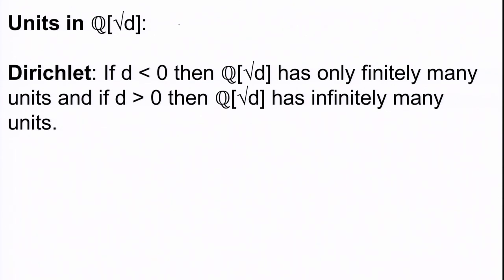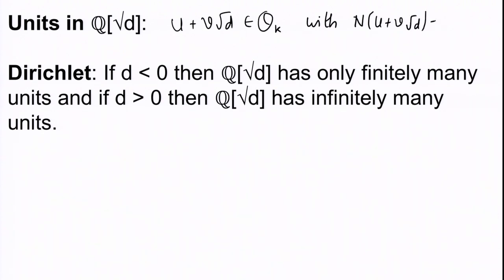Let me recall for you that these are all the elements u plus v root d in O_K with the norm equal to u square minus v square d to be 1 or minus 1.